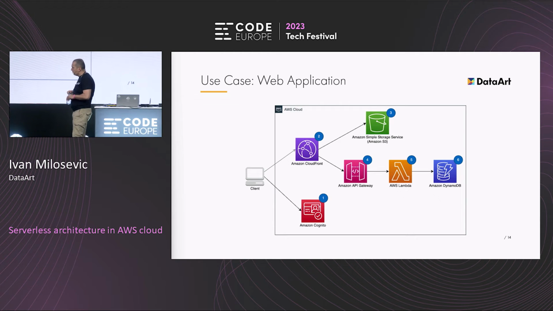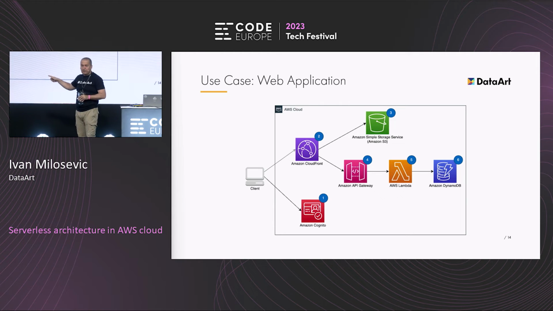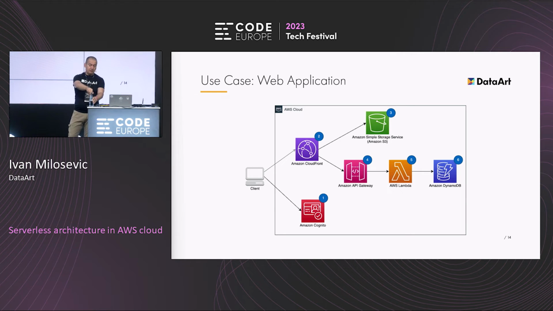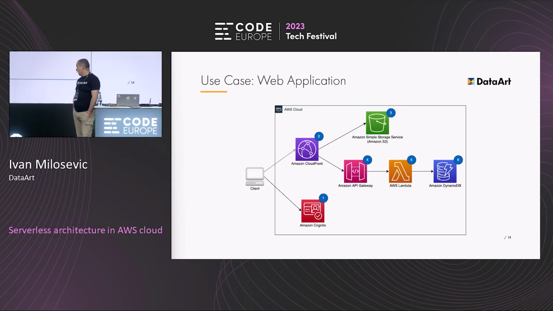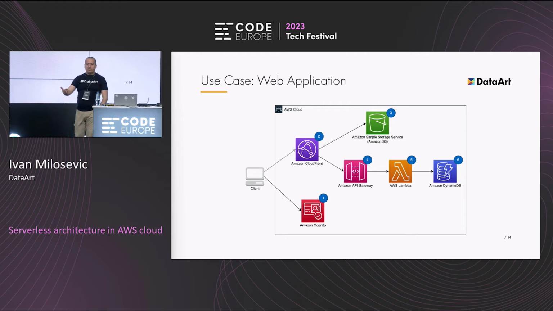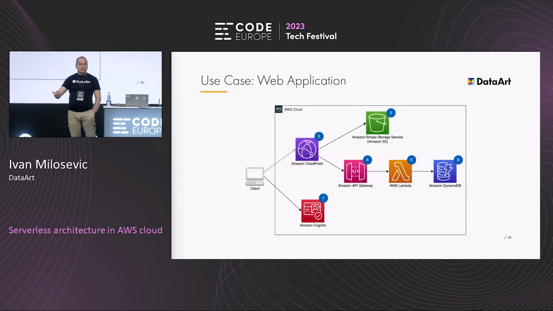So let me also not forget about Amazon Cognito. That is the service that is used for authentication and authorization. It can be an authentication provider on its own, so it can store user credentials or whatever, but in most of the cases it is used as a service which communicates with third-party services.